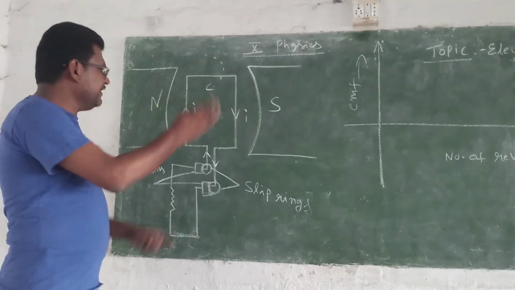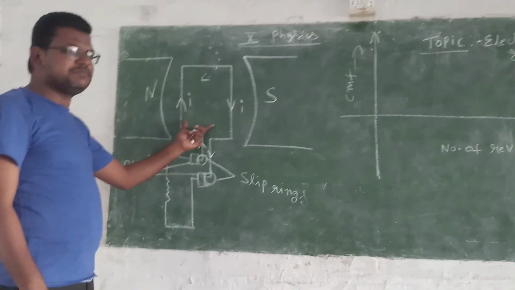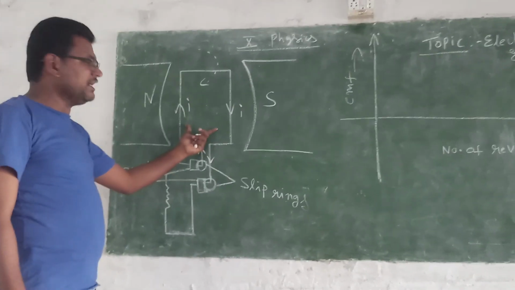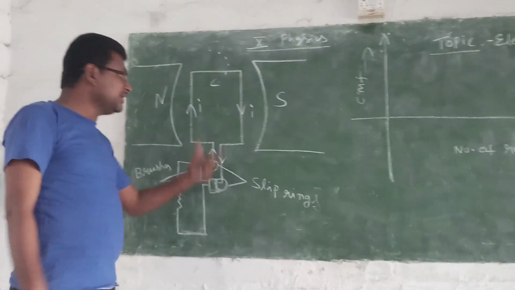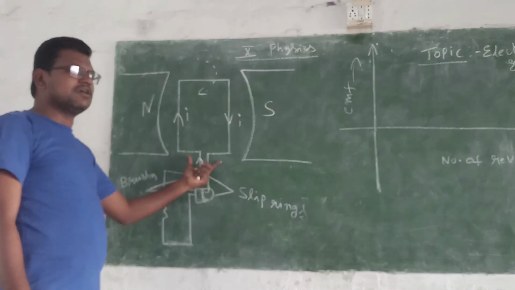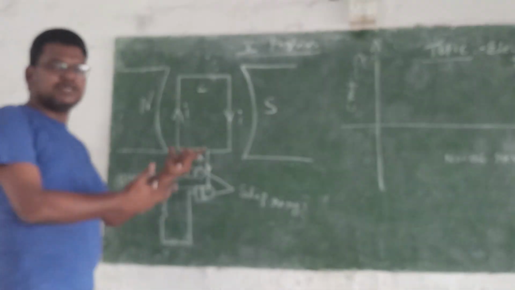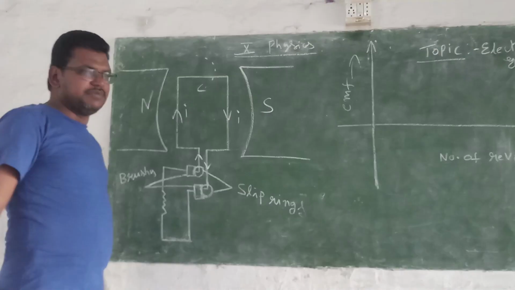As the coil rotates fast, the change in magnetic flux takes place, and that change in magnetic flux induces the current and induces the EMF. That means if there is an induced current in the coil, there is some induced EMF before that.